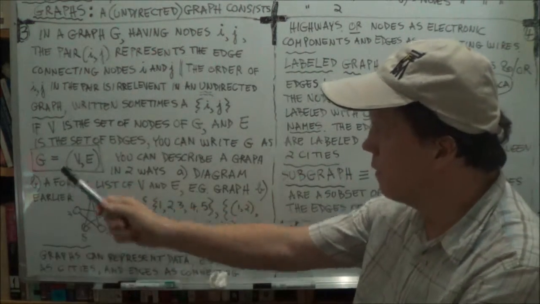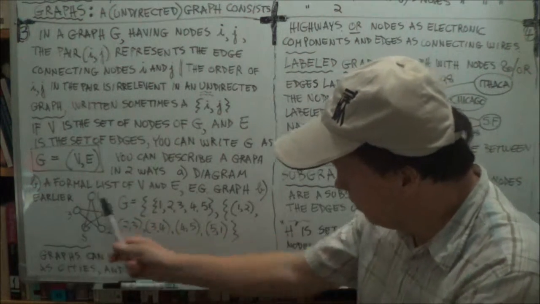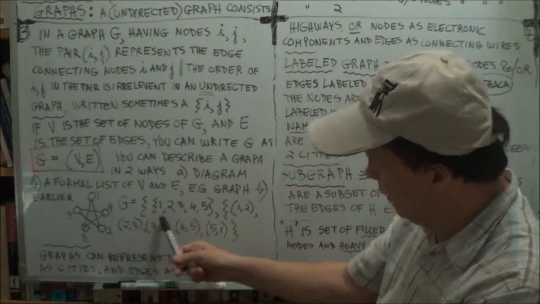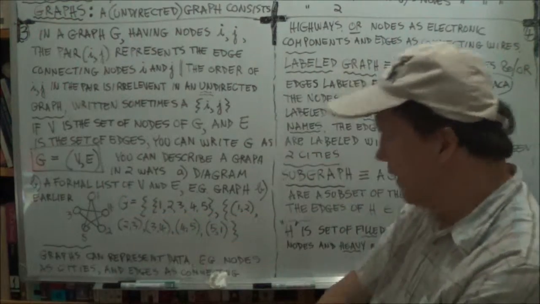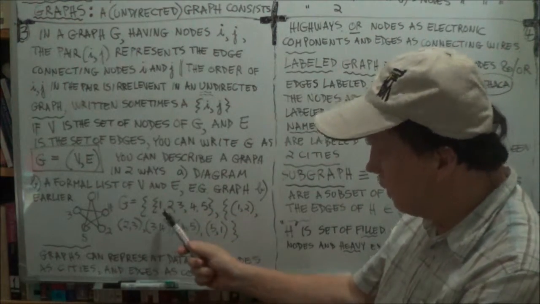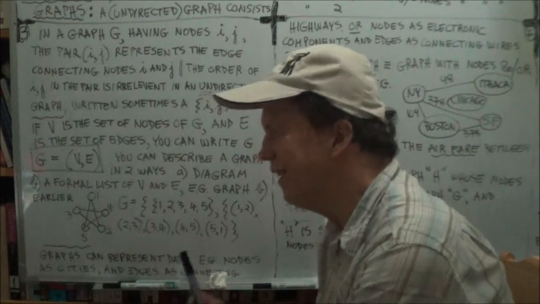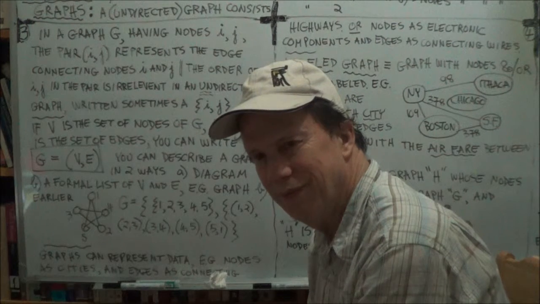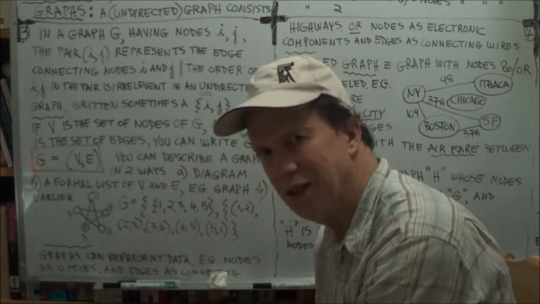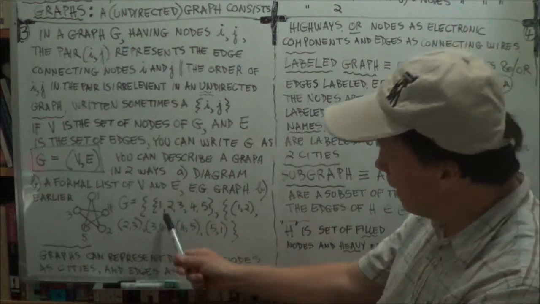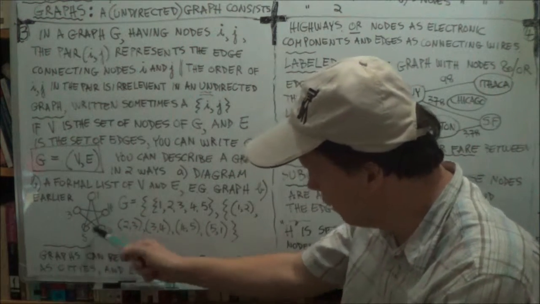Now V is the set of vertices, remember, the set of nodes. The nodes have numbers, so here you've got a set. Well, that's interesting, you've got curly brackets here and not here. That's the sort of thing pure mathematicians worry more about. They like consistency. Other fields tend to pay less attention to detail. Anyway, this here is the set of nodes: 1, 2, 3, 4, 5. These five nodes.